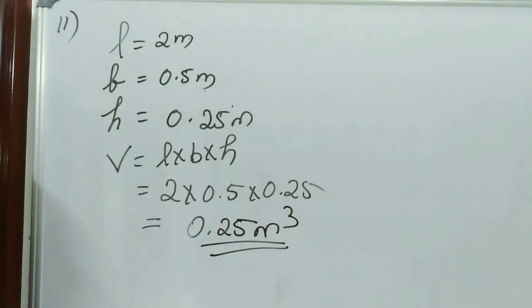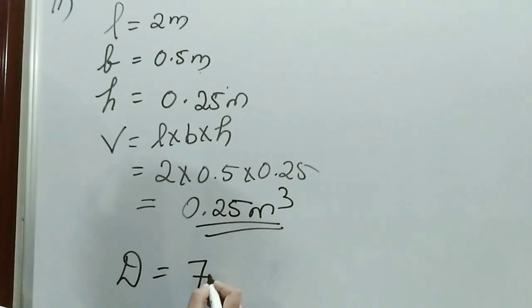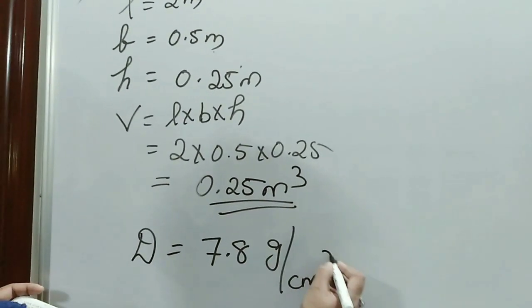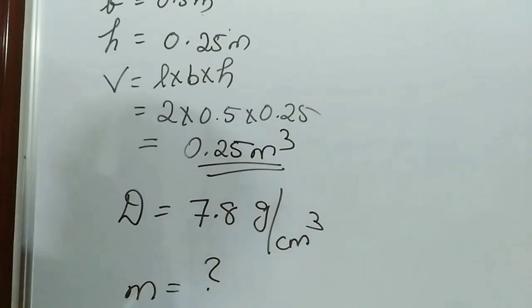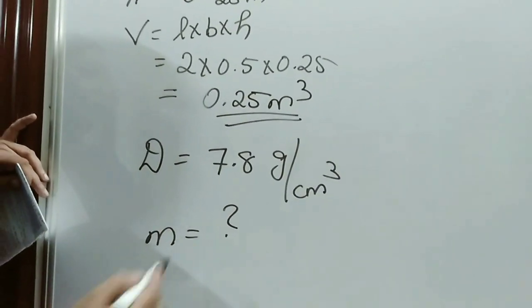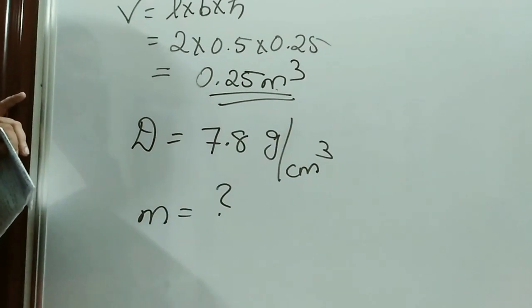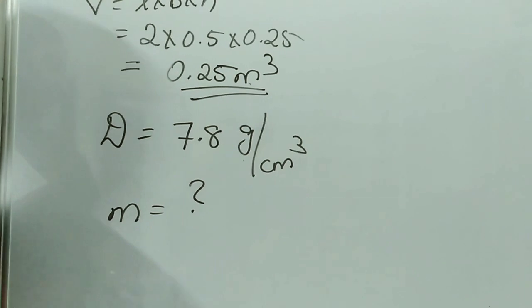Now the density of the iron is given. Density is given 7.8 gram per centimeter cube. Find the mass of the block. So here we are going to the next stage of problems. Here you can see volume is given in meter cube and density is given in gram per centimeter cube.